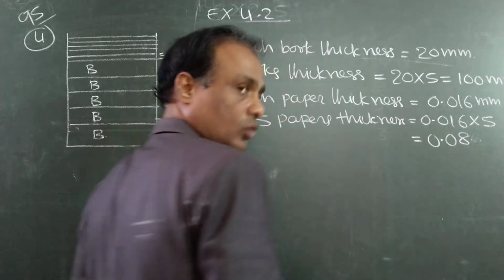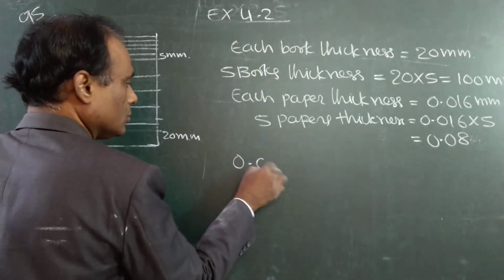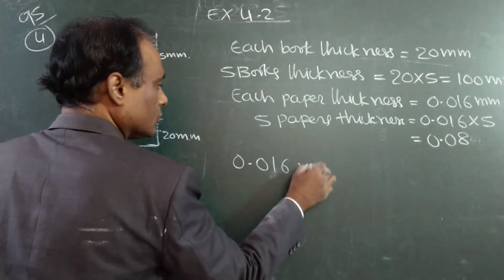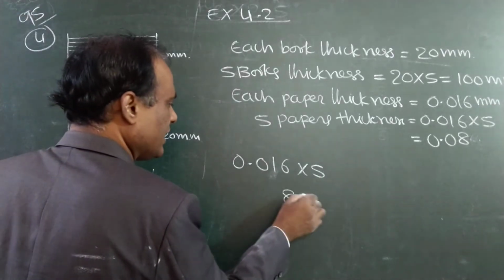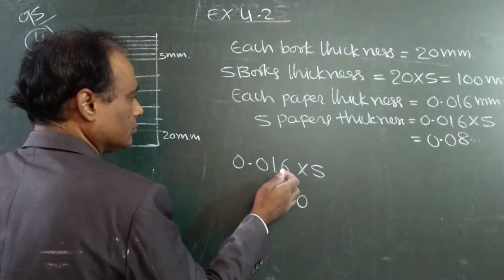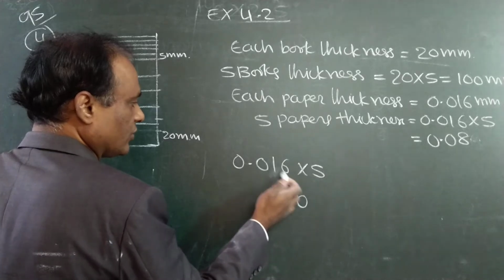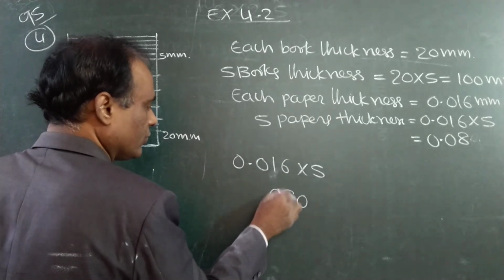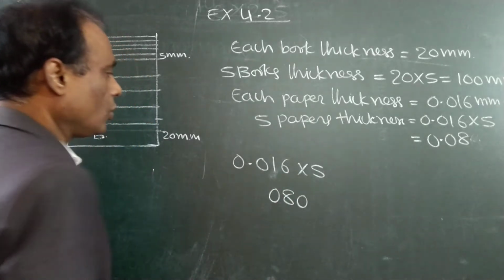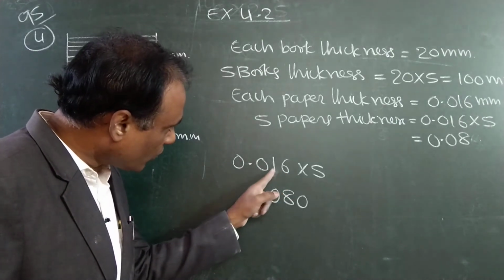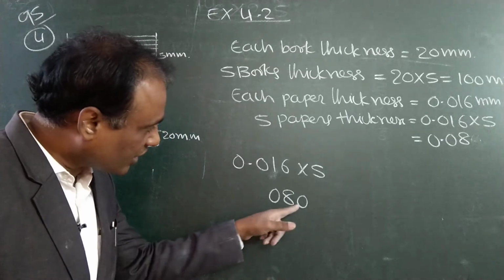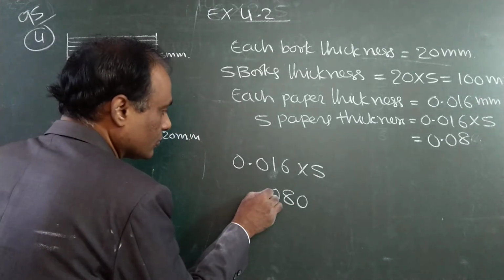See here, I will tell how to multiply. First you multiply: 5 16s are 80. 5 into 0, 0, like this. So the decimal is before 3 digits. In the answer also, the decimal should be before 3 digits.